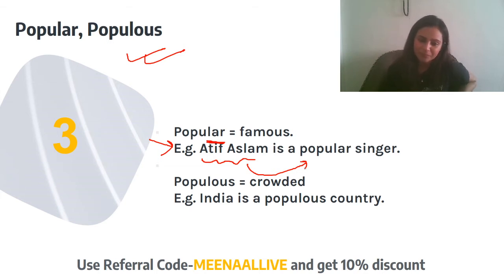Okay, next one is populous. Now the moment you have LOUS tagged along, it refers to crowded. A populous city, a populous supermarket, anything that is really crowded, where there are a lot of people, right? The first thing that came to my mind was India.